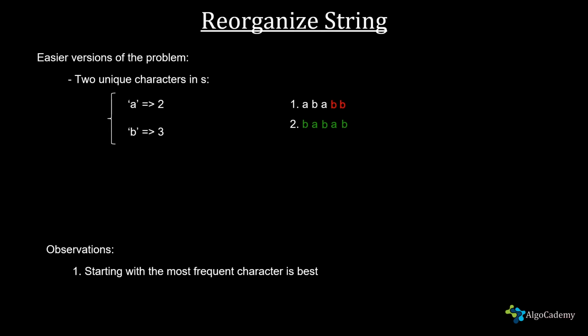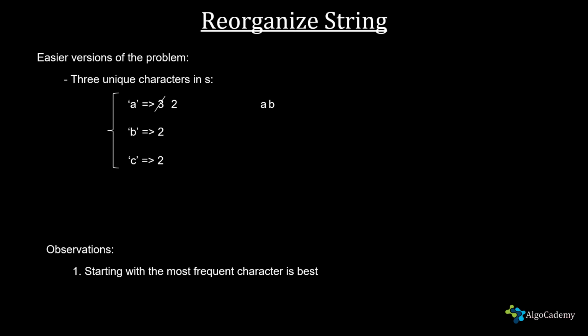The next step is to solve the problem for 3 unique characters. Let's take an example: 3 A's, 2 B's, and 2 C's. Is our assumption correct for this example? Well, we should start with an A and decrement its number of occurrences to keep track of them. And then we can add a B or a C. It doesn't really matter which one.